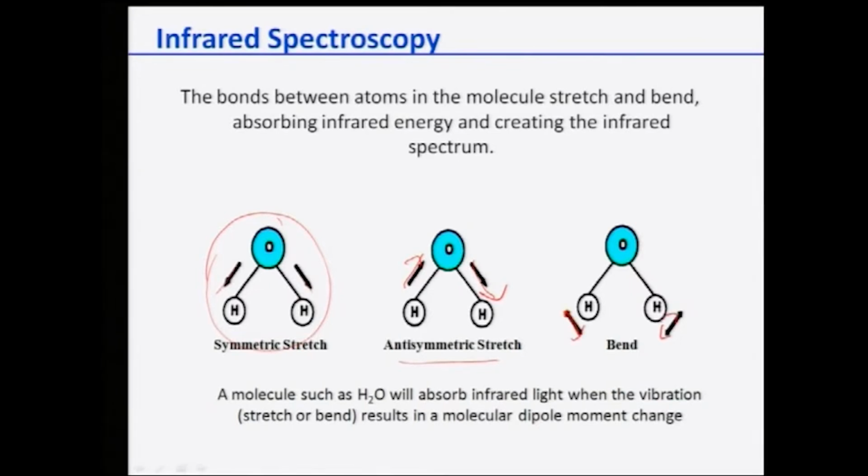Molecules such as water can absorb infrared light when the vibration results in a change in the molecular dipole moment. This is very important in infrared spectroscopy, because that is how we can determine what kind of particular vibration is present even in the water molecule itself.